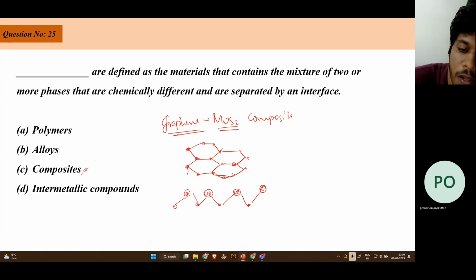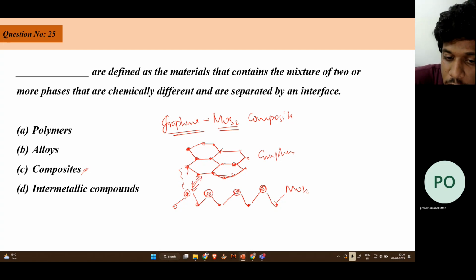So this is graphene and this is MoS2. These two are not forming any kind of chemical bonding with each other, but rather they are sitting in a very close manner. These kinds of mixtures of two components are called composites.